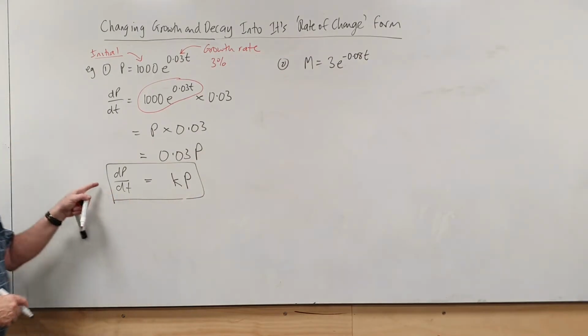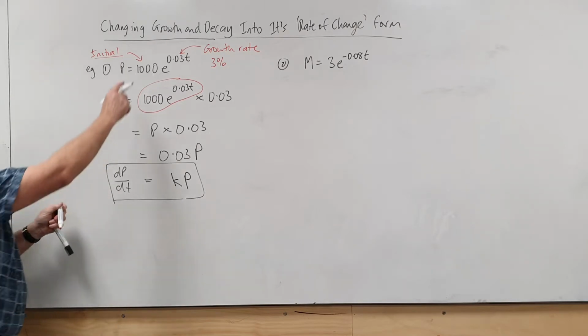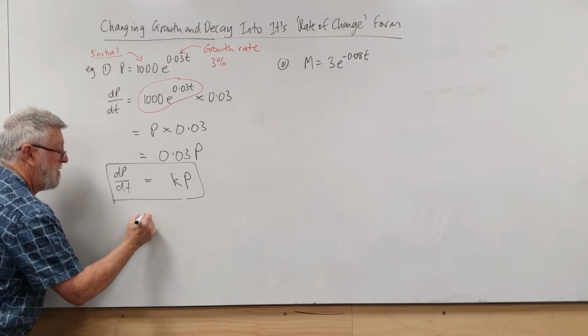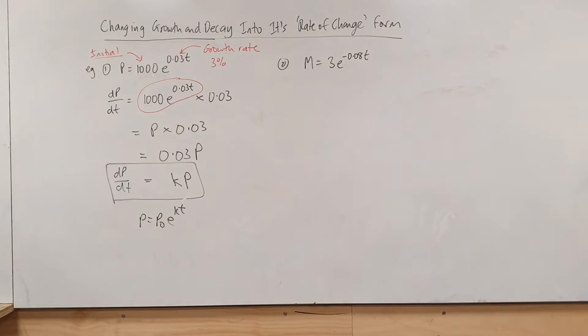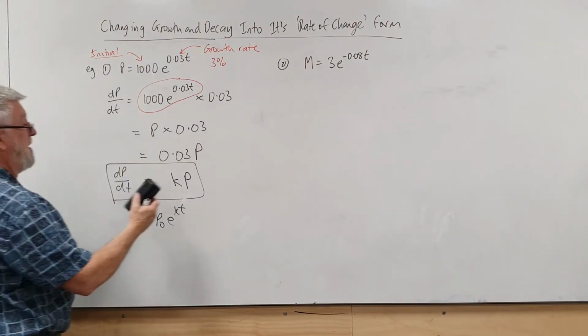So when you see a question written like that, how do we get the question done? This is showing you why it works, okay? We write that as P equals P naught e to the kt. So if we started with one of those, let's get away from the k's for a moment.